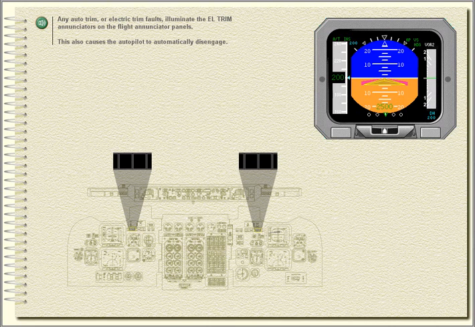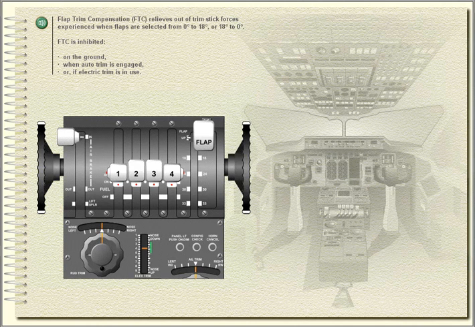Any auto trim or electric trim faults illuminate the electric trim annunciators on the flight annunciator panels. This also causes the autopilot to automatically disengage. Flap trim compensation, FTC, relieves out-of-trim stick forces experienced when flaps are selected from 0 degrees to 18 degrees or 18 degrees to 0 degrees.